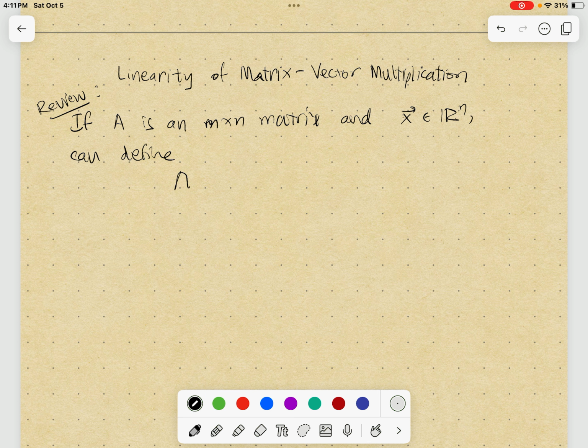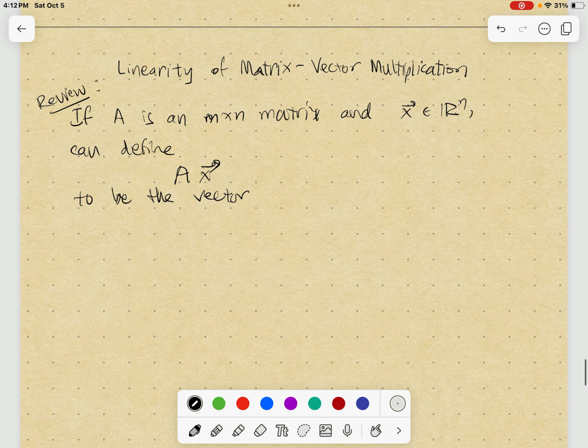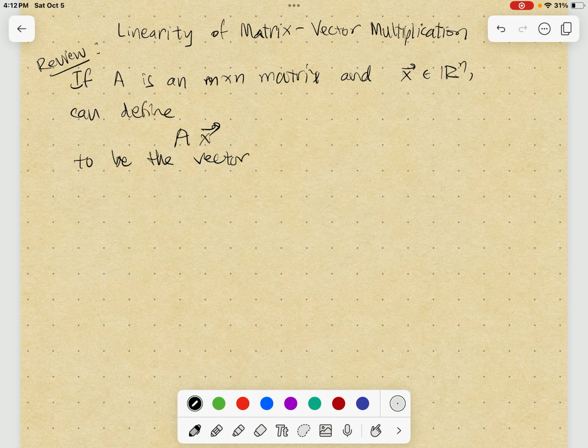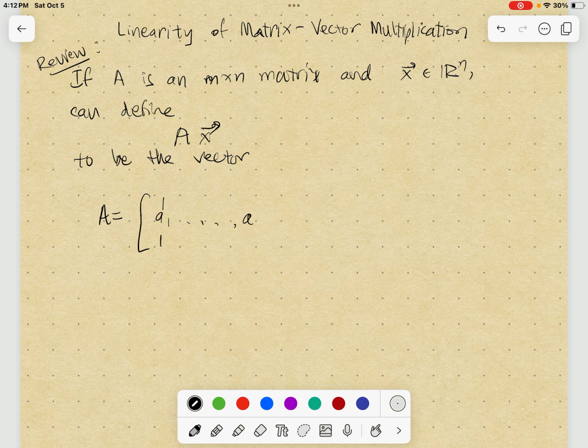the product of this matrix A and this vector x to be the vector. So what you do is you take these columns of the matrix A, and since A is an m by n matrix, there are n columns.